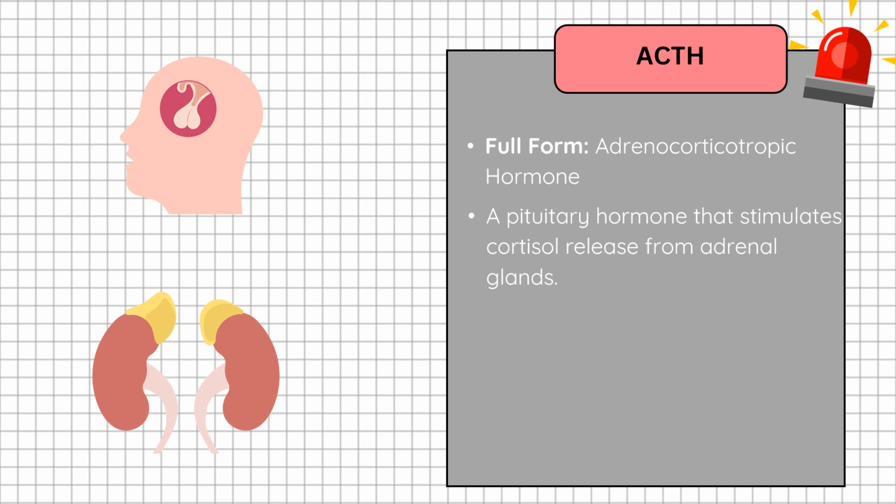The adrenal glands are located on the top of the kidney. So adrenocorticotropic hormone is released from the pituitary gland, which in turn stimulates these suprarenal glands, known as adrenal glands, which release cortisol.